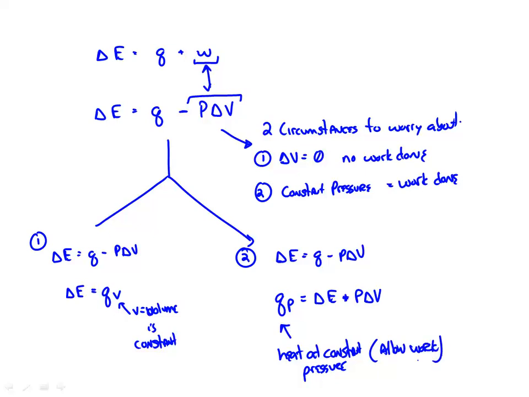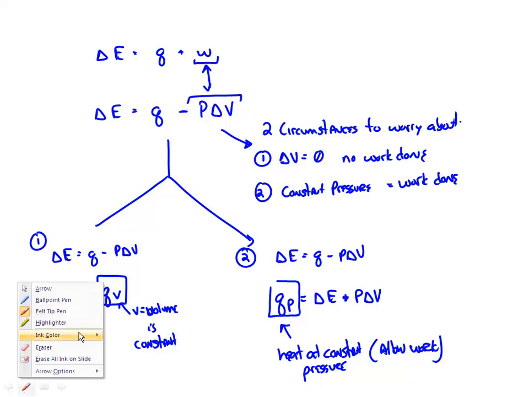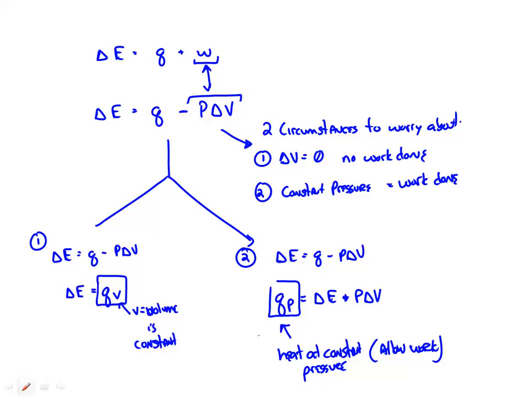So we've got two different types of measurements of heat. We can either measure heat under constant volume situations, or we can measure heat under constant pressure situations. And it turns out that this is the more realistic measurement.